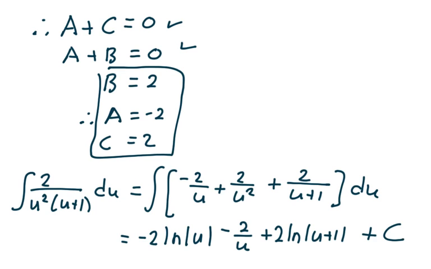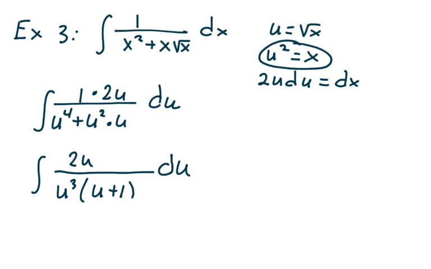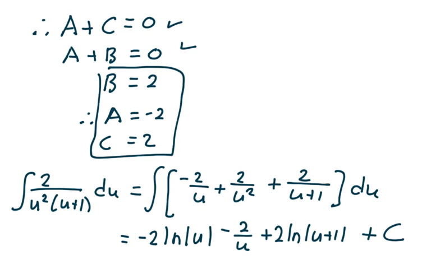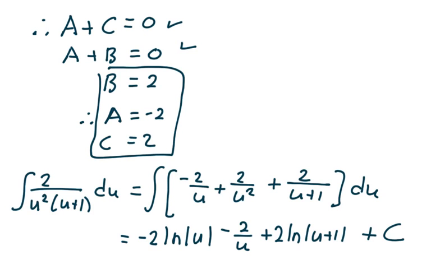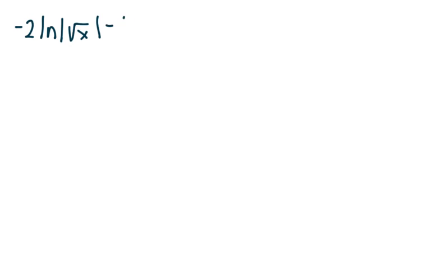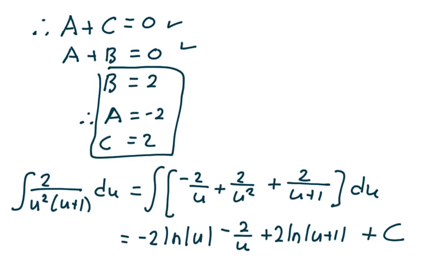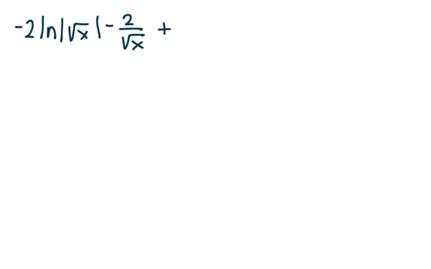But remember that u all the way back there was the square root of x. And so this is going to be negative 2 natural log of the square root of x minus 2 over root x, plus 2 natural log of the square root of x plus 1.